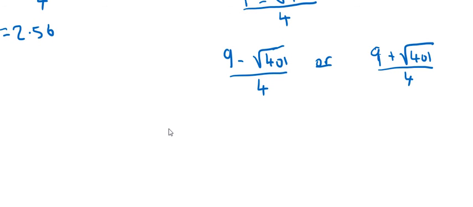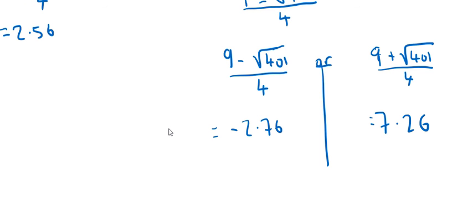So if I press fraction button, 9 minus square root of 401 all over 4, I'm getting minus 2.76 this time when it's rounded off. And then if you go back and you put in a plus instead, we're getting 7.26. And that's when it's rounded off as well. So those are my two solutions then.